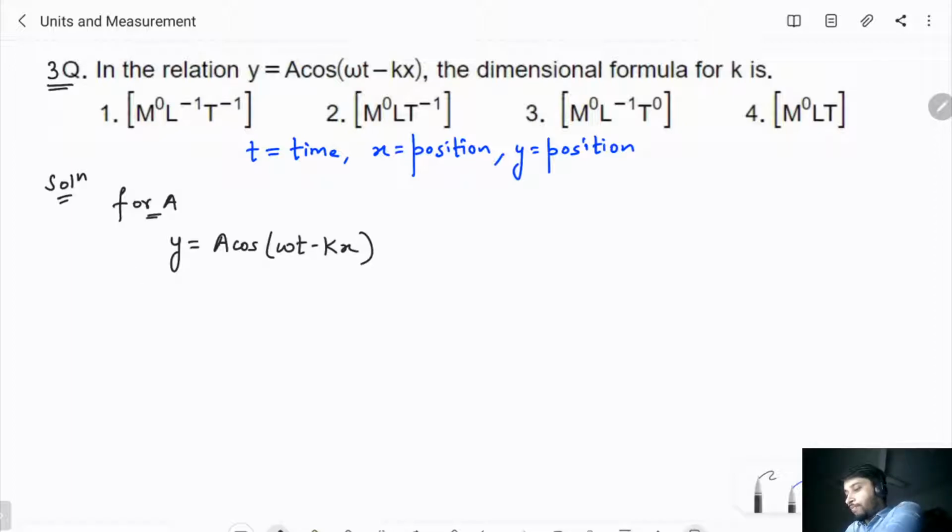Now let us equate the dimensions on both sides. So the dimension of y will be same as the dimension of a cos(omega t minus kx).